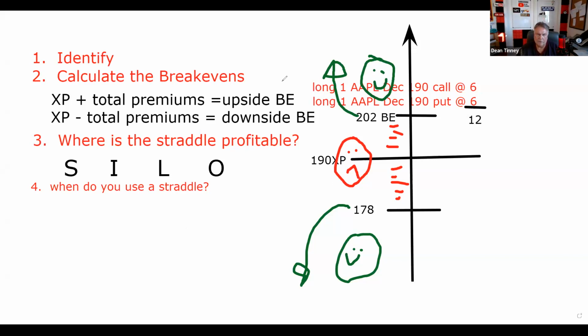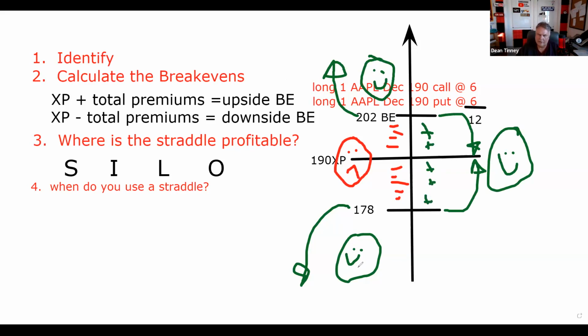Now, again, we have two versions of this. We have long straddles and we have short straddles. So I say, do you think Apple is going to stay between 202 and 178? Because if so, there is a way to profit. And same test questions: can you identify a straddle? Can you calculate the break-even?